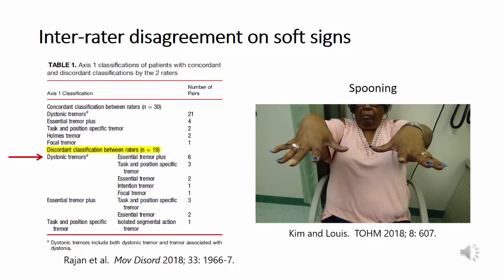For example, some clinicians regard spooning of the hands as a sign of dystonia. Spooning consists of flexion at the wrist and hyperextension of the metacarpophalangeal joints. Large studies of controls are needed to determine the validity of soft signs such as spooning.